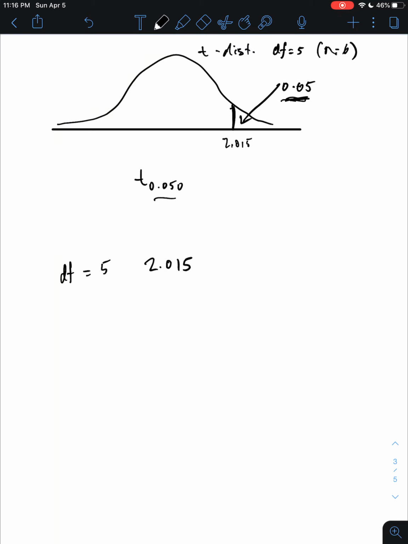So that is how we employ the t distribution. We need to use this whenever we are dealing with a small sample. For us, n less than 30 is a small sample.